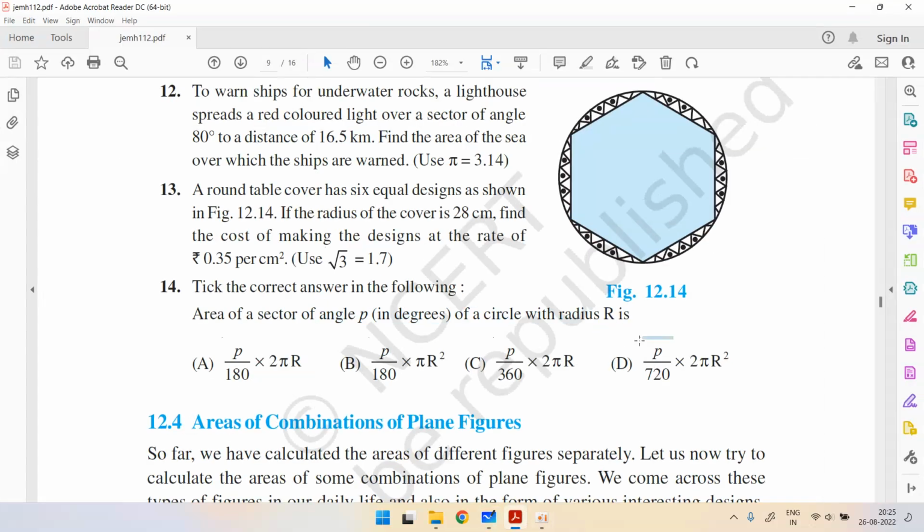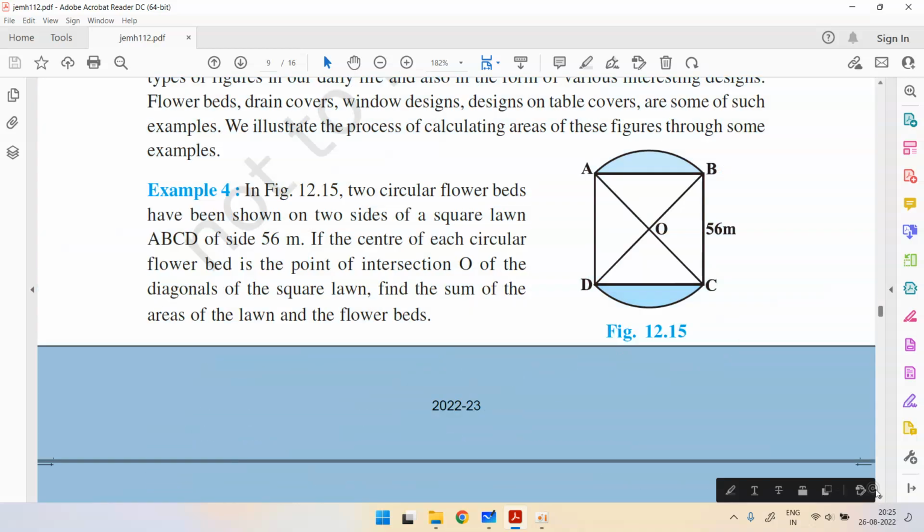So this type of option is D. Area is always represented in pi r square. This factor of 2 and 180 degrees cannot be because it is theta by 360. Here it is theta by 360, but both numerator and denominator are multiplied by 2. So the correct answer is D.